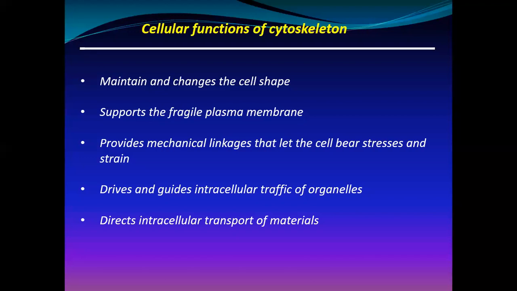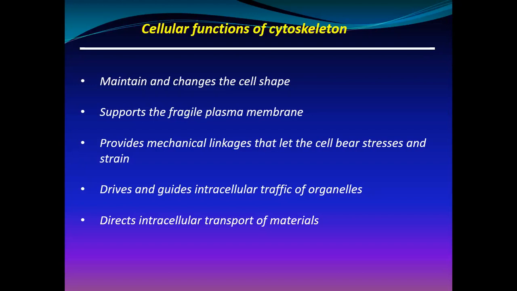Like that, the cell shape is given by the cytoskeleton. And then it supports the fragile plasma membrane. And it gives mechanical linkage so that the cell can bear stresses and strain. And then it drives and guides intracellular traffic of organelles. Organelles inside the cell move from one place to another, but they move along the cytoskeleton, not simply in the cytoplasm.